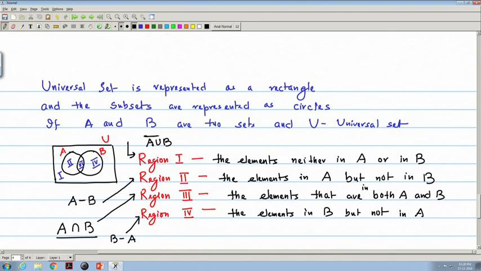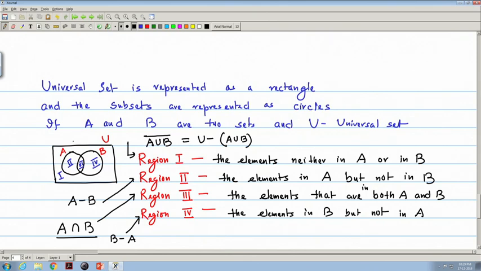So, neither means the complement, that is U minus A union B. The different regions represent the different sets or operations on sets, like A union B, A intersection B, set difference A minus B or B minus A, or the complement of the union of two sets.